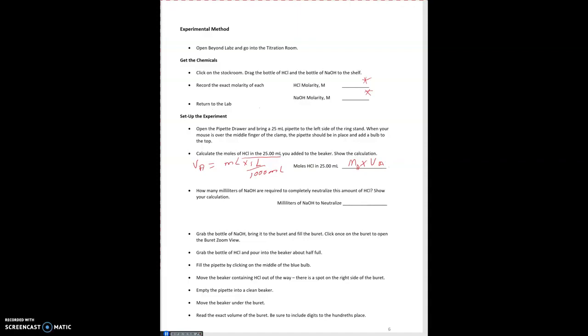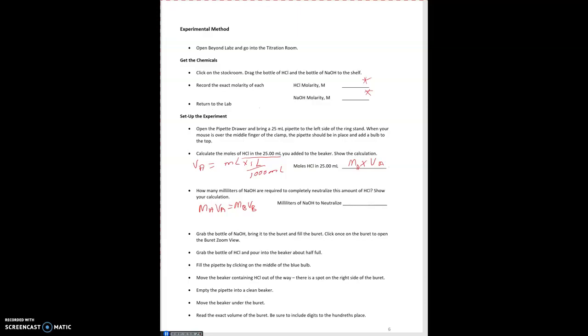Then you're going to calculate how many milliliters of sodium hydroxide are needed to neutralize your acid. To calculate this, the easiest way is to do molarity of acid times volume of acid equals molarity of the base times the volume of the base, because at the point of neutralization, the moles of acid equals the moles of base.